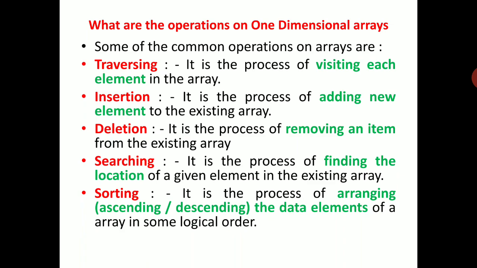First one is traversing, visiting each element in the array. Insertion is the process of adding a new element to the existing array. Deletion, removing. Searching, that is finding. Sorting, arranging in some logical order, that is ascending or descending order.